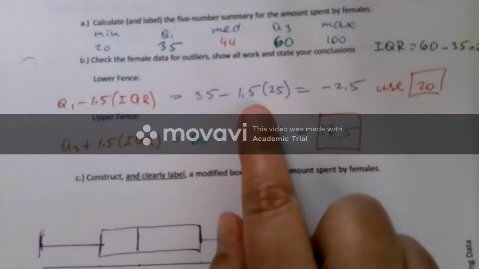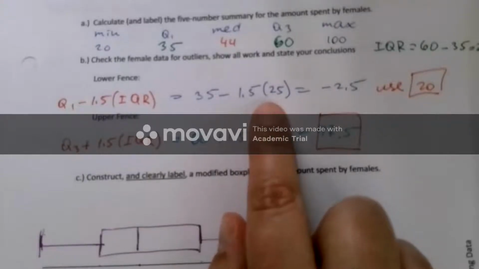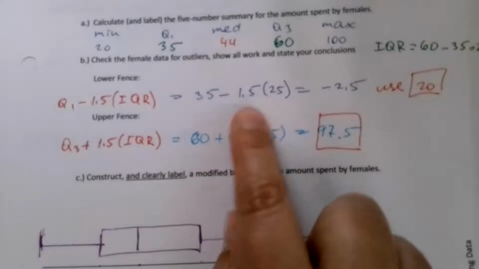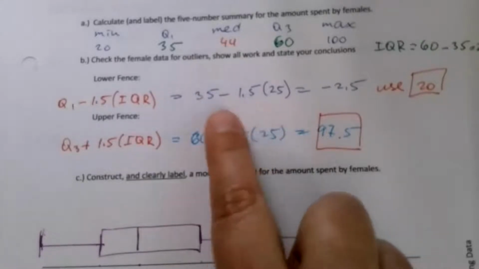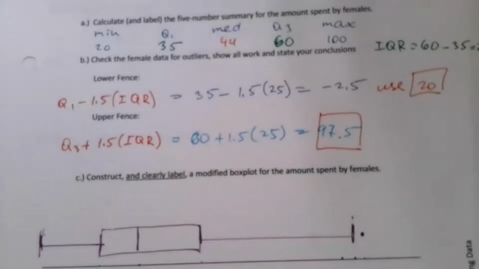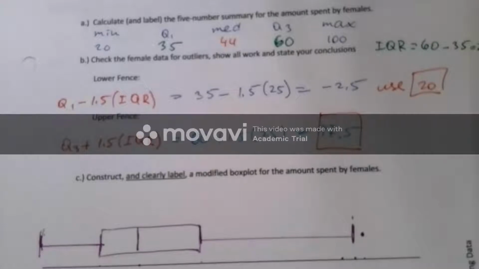Automatically. I missed that part. And also don't forget the order of operations. Multiplication comes first before subtraction. So you have to multiply first, then subtract from 35. 25 times 1.5.